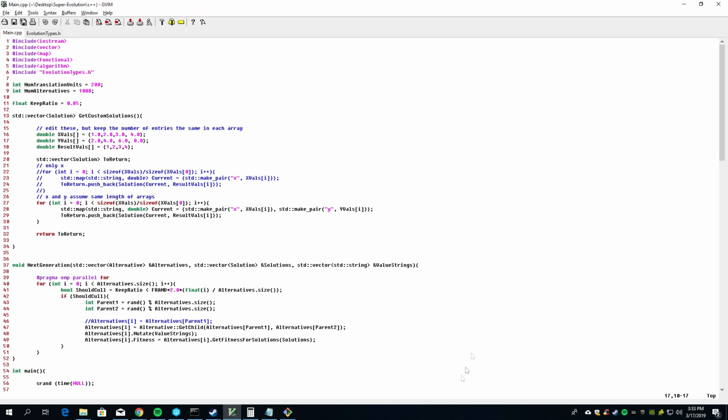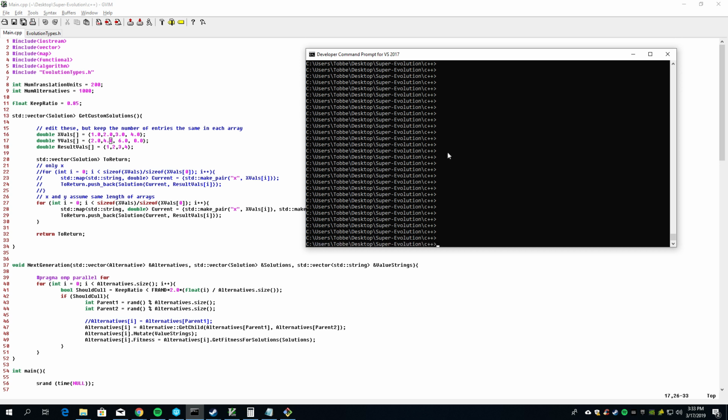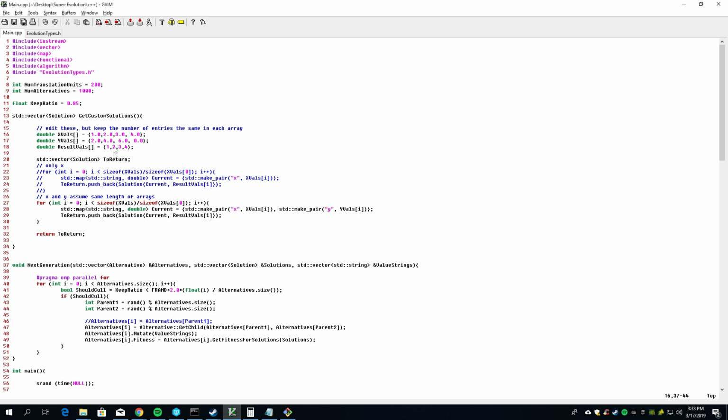In terms of how it actually works, I'm hoping to show you a little bit. For example, if we have a set of input data, I'm just hard coding it in the program now: x equals 1, 2, 3 and 4, y equals 2, 4, 6 and 0, and results equals 1, 2, 3, 4.